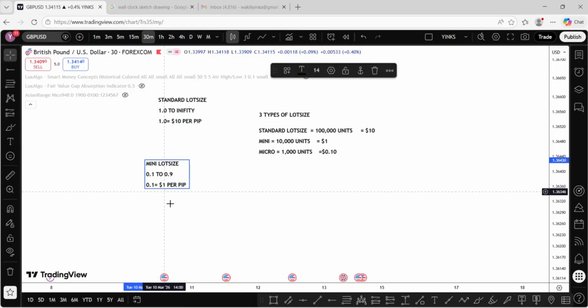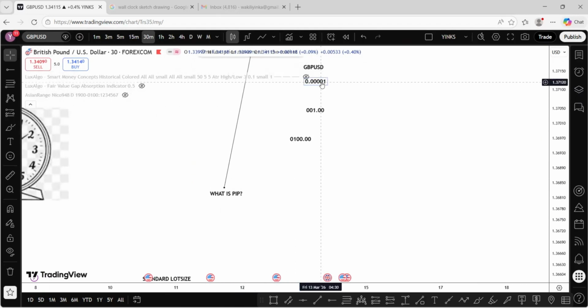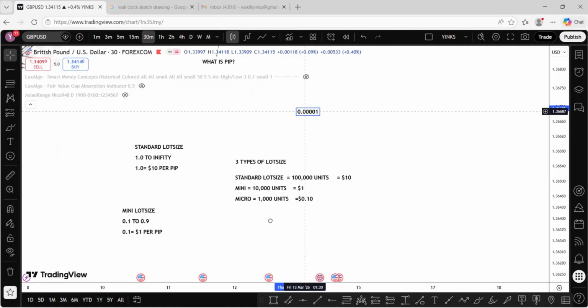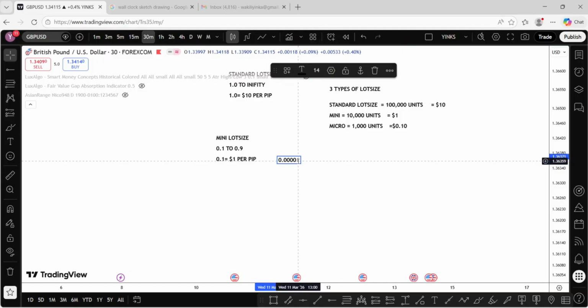If you enter a trade, let's assume you enter for a buy and it's going in your favor. 1 pip in your favor, you make $1. 2 pips in your favor, you make 2 times $1, that's $2. 3 pips, you make $3. 4 pips, $4. 5 pips, $5. 9 pips, $9. That's how you make money from it.